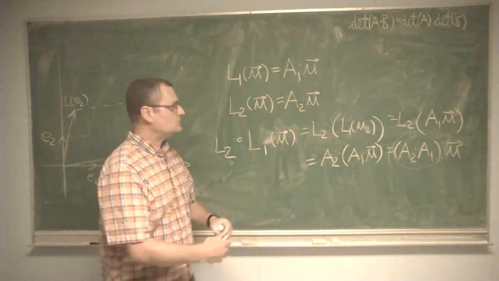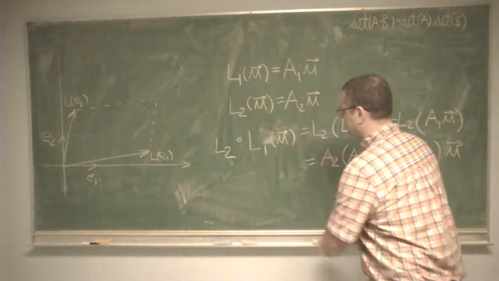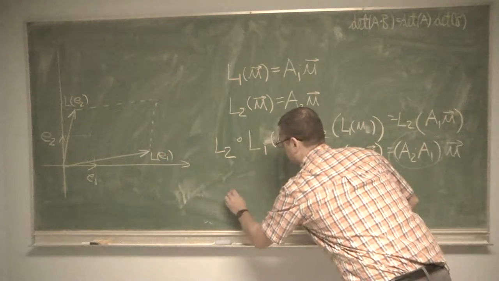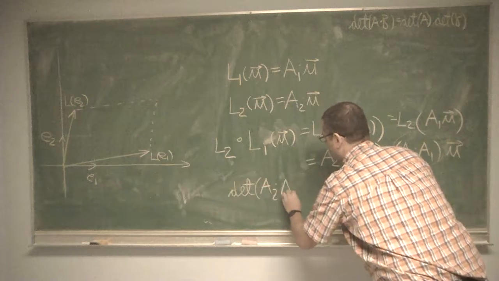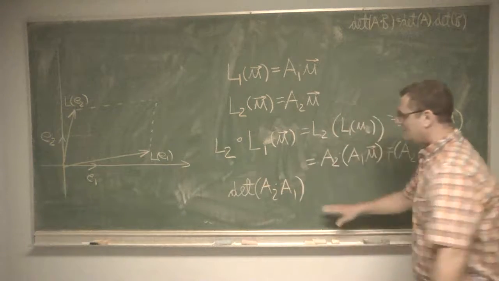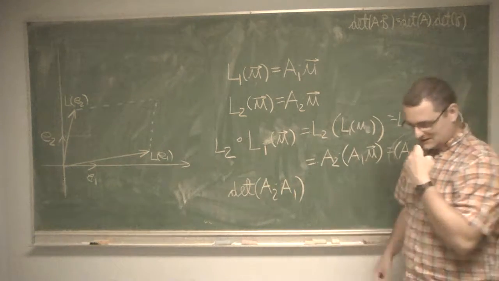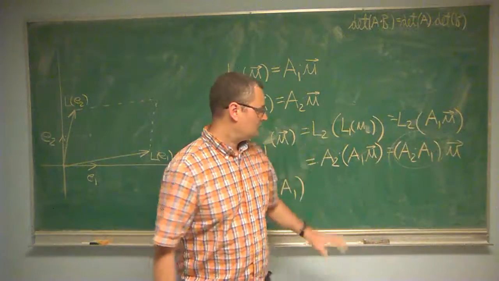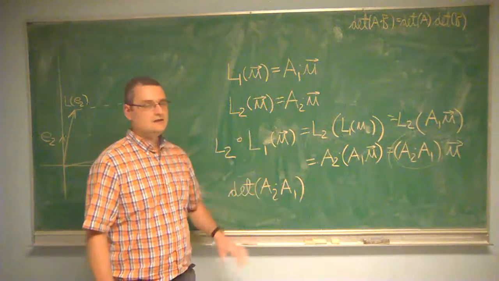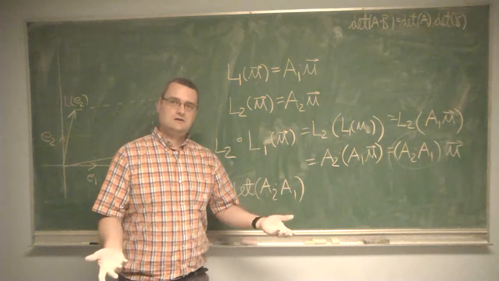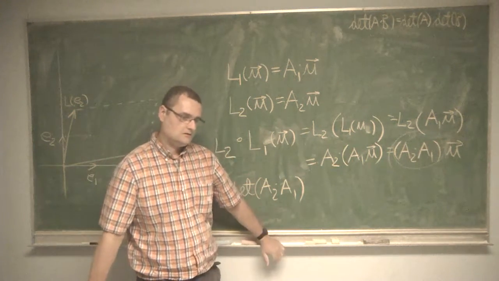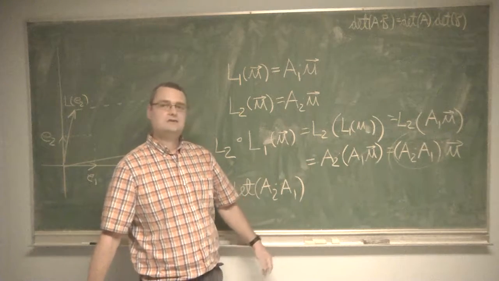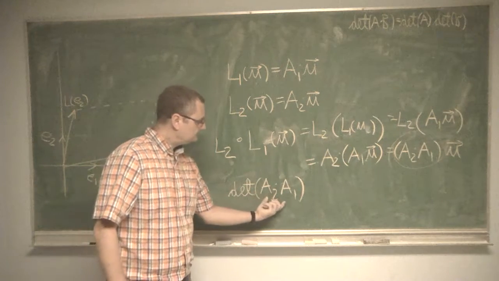And now it should be clear what the determinant of A2 times A1 is. The way we discussed in the previous video, the determinant of any transformation is a measure of deformation of the plane, in this case the plane, but also in 3D space, under that transformation.